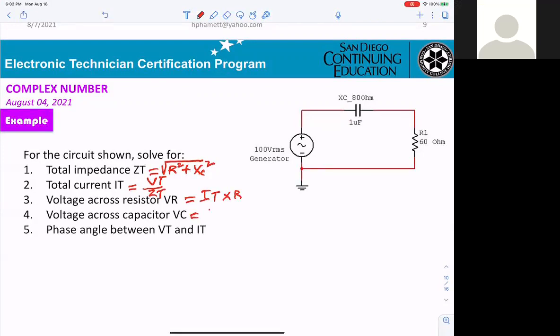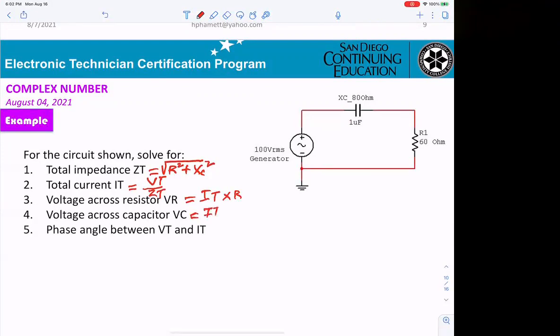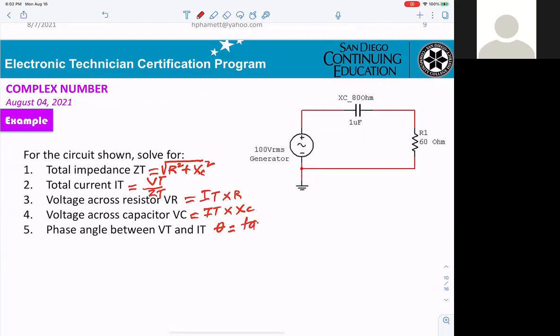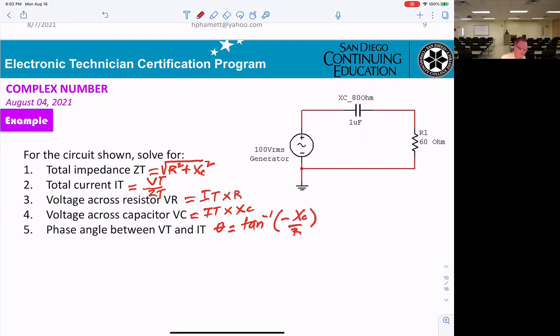VC is IT times XC. And the angle is tan inverse of XC over R. Right? That's what we already done.